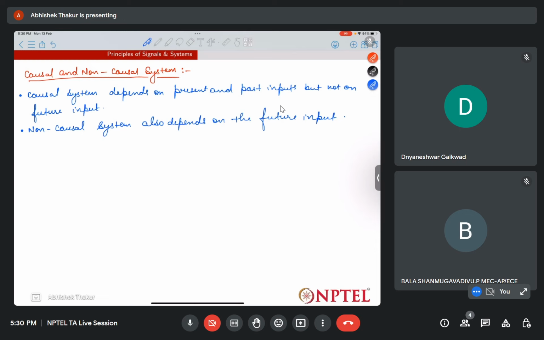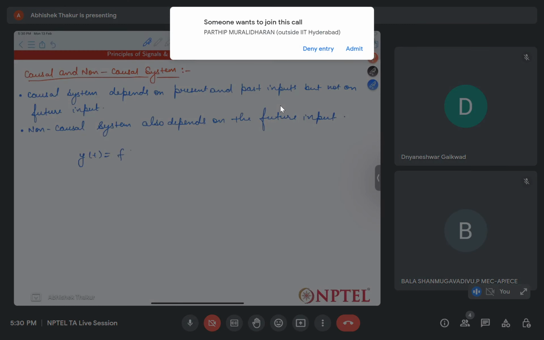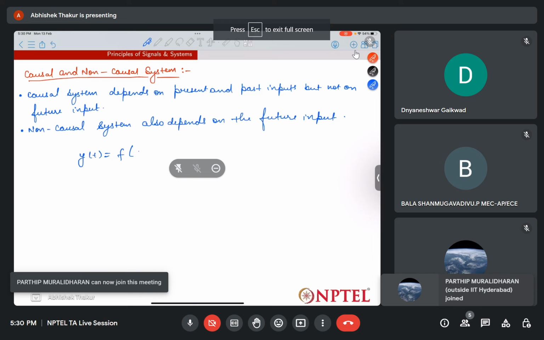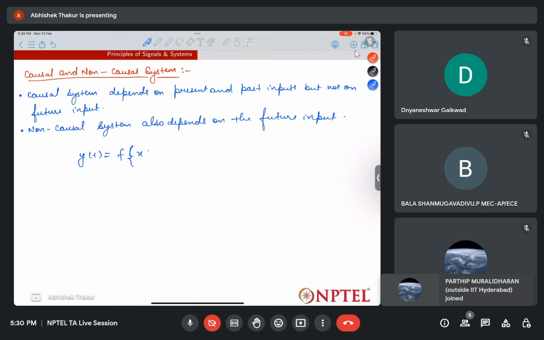So here we can write it as y(t) is equal to, let's suppose, a function of either x(t) or x(t minus t0). If y(t) is a function of either x(t) or x(t minus t0), this means y(t) depends on the present and past input only.